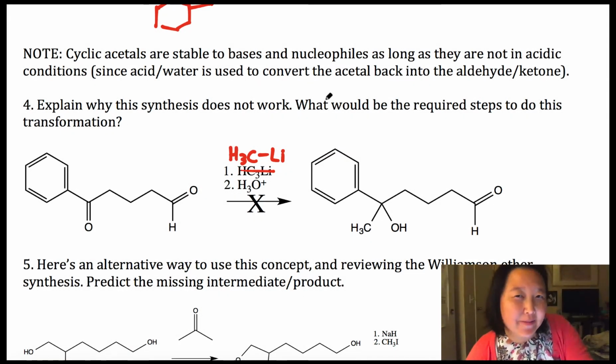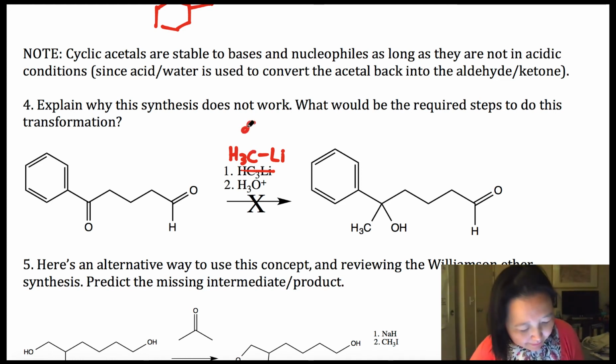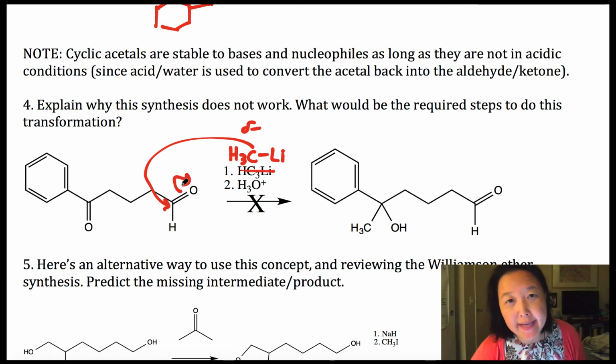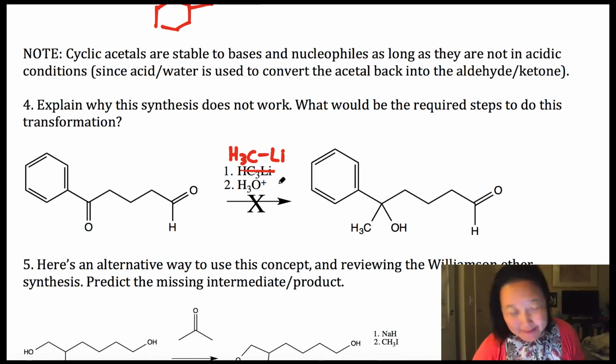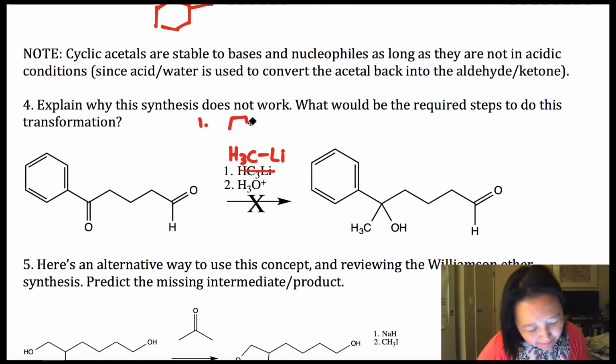Okay, so let's figure out what's going on here. Clearly, this methyl lithium would love to attack the more reactive aldehyde. But we show that it's not, right? So that's not right. So what we want to do maybe is react the aldehyde with a protecting group instead. So maybe step 1 would be my ethylene glycol in catalytic acid.